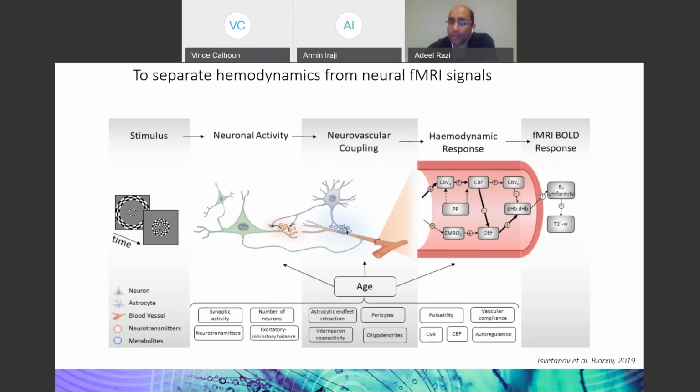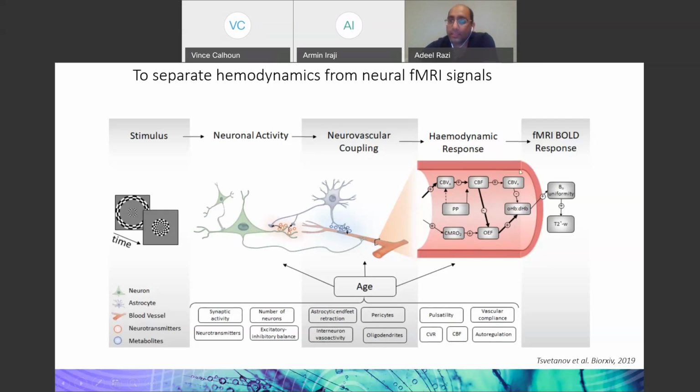An important point I want to make here is that, especially for neurodegenerative diseases or aging studies, the functional MRI or the BOLD signal itself is a very complex signal, which consists of some neural part and then hemodynamics, and they are coupled together using neurovascular coupling. I will later show you a much more involved way of modeling the BOLD signal.